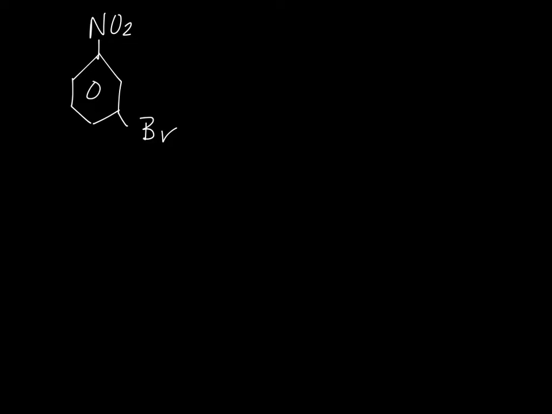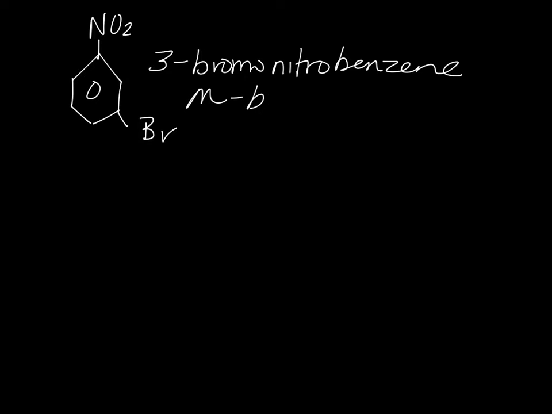So assuming that the NO2 is number 1, 2, 3, this would be 3-bromonitrobenzene. Now, because my substituent groups, the NO2 and the bromine, are separated by 1 carbon, this could also be meta-bromonitrobenzene.